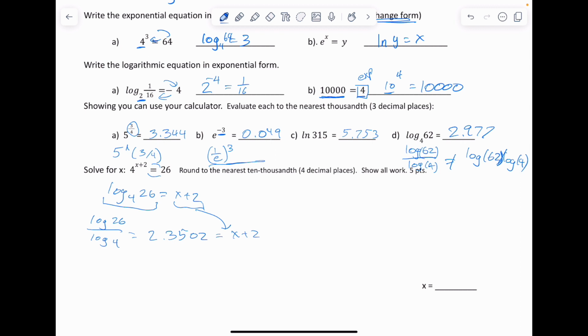And this is going to be minus 2 minus 2. So I have x is going to equal 0.3502. You can write that over here, 0.3502. Cool.